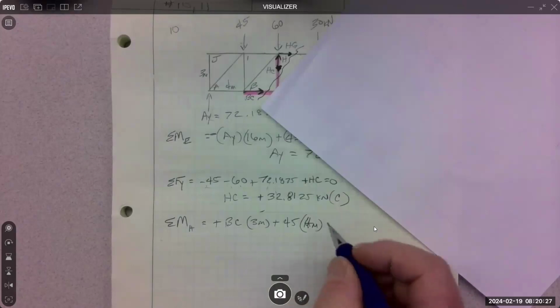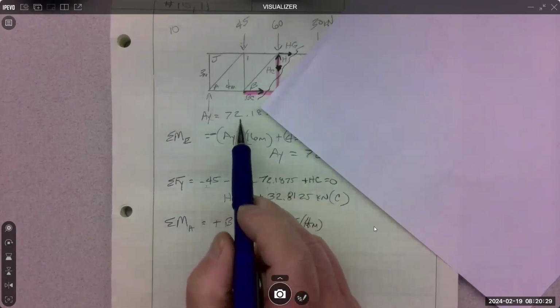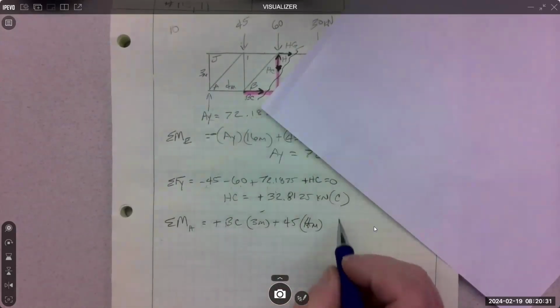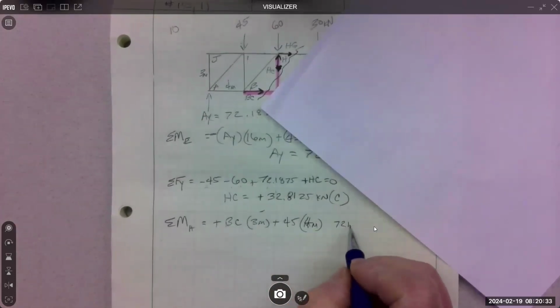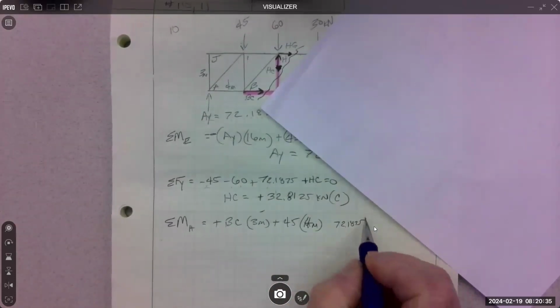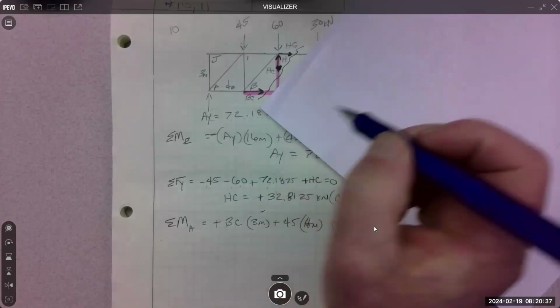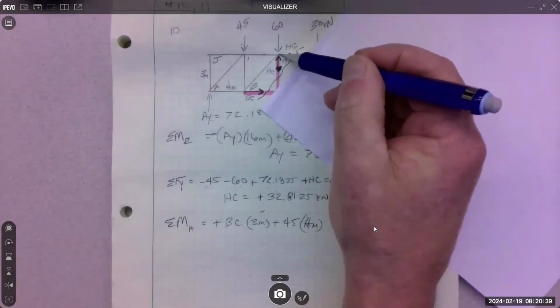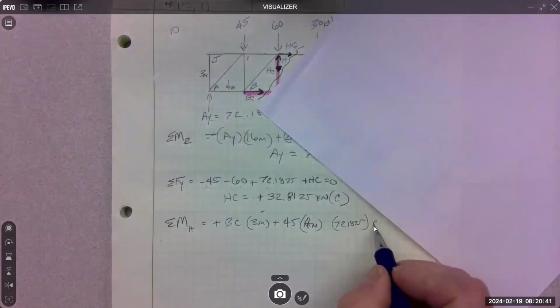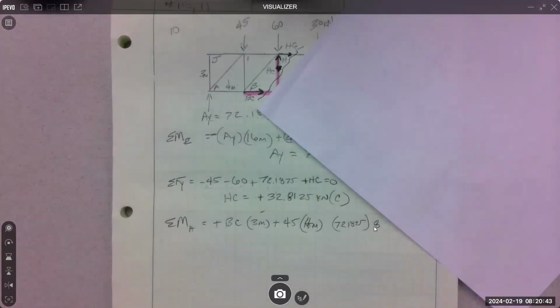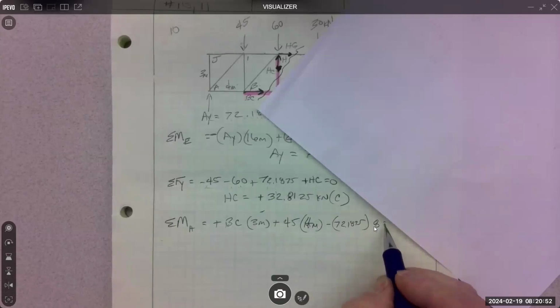And then we have that number, 72.1875, times its distance to H, which is a couple fours, 8. And its rotation is negative. All that equals 0.